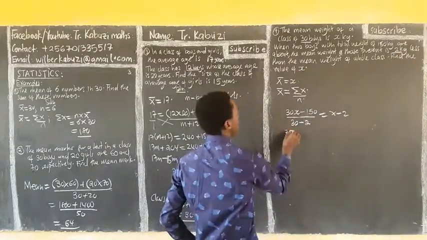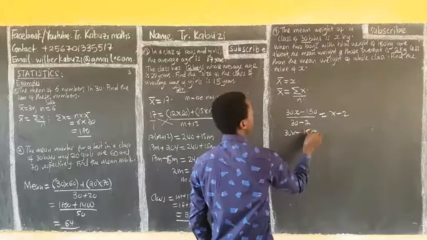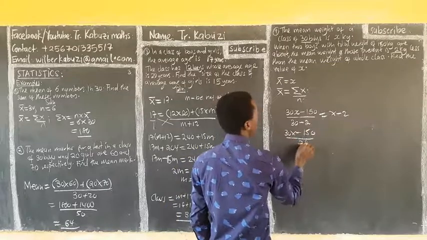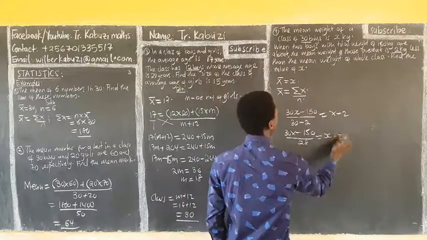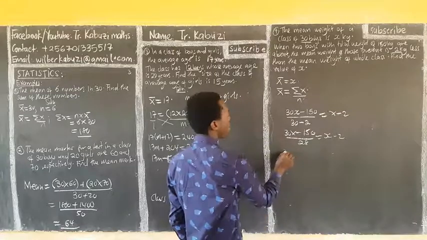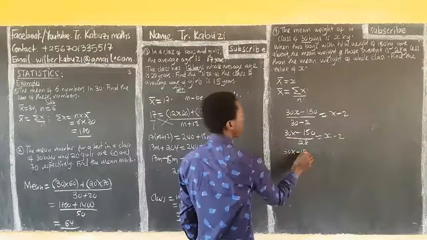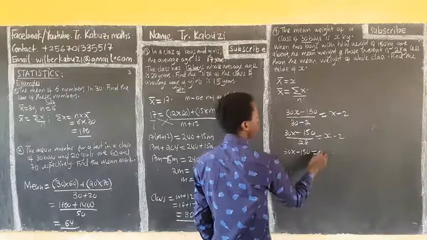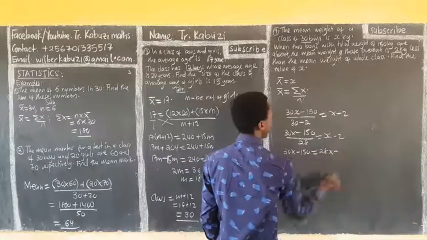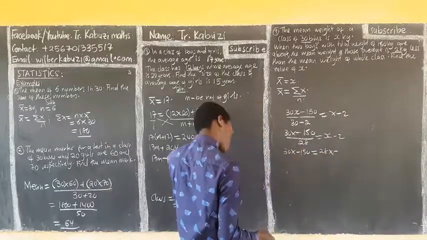And this would be 30x minus 150 over 28 equaling x minus 2. If you cross multiply, we have 30x minus 150 equaling 28x minus 56.